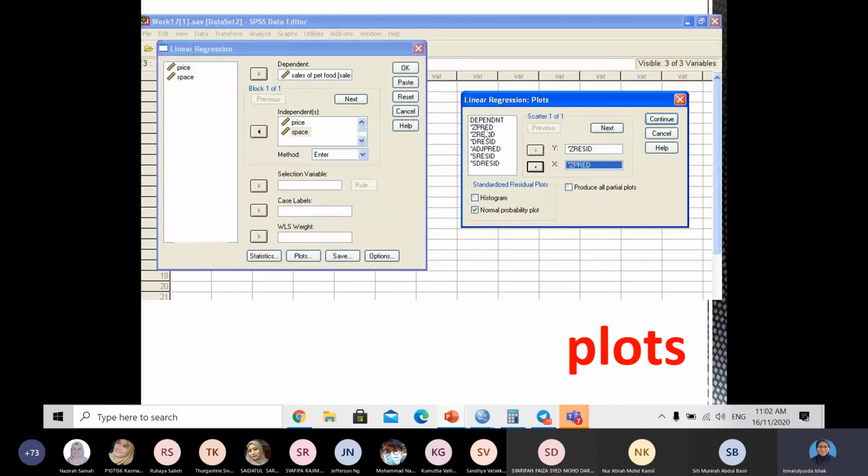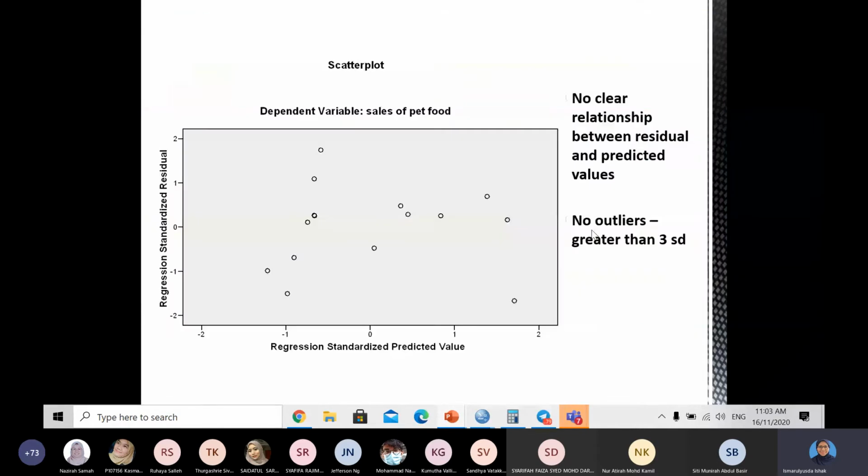From all these variables, the Y is Z residual and the X is Z predicted. Then check normal probability plot.